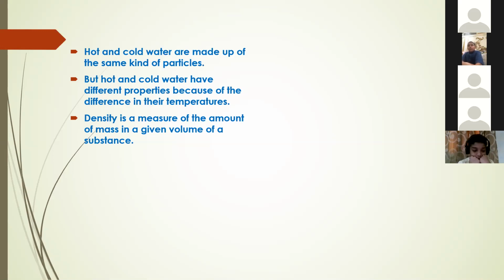And who can tell me where on earth we can see the hot water or the cold water? Which continent? We can see the cold water at Antarctica. Excellent, because that place is very, very cold. And where do you think that we can see the warm water? At a jacuzzi.